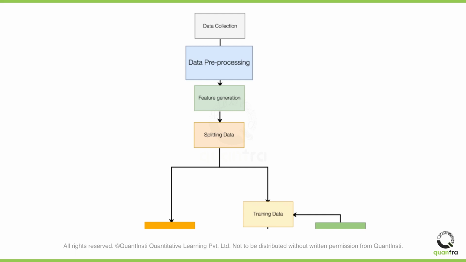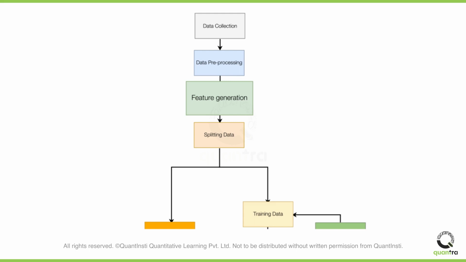Once you're done with your data pre-processing, you generate features, because for any machine learning model, we input the features. Features hold the essence of the raw data. For example, let's say you have collected open, high, low, close, volume data of the stock for the last 10 years.